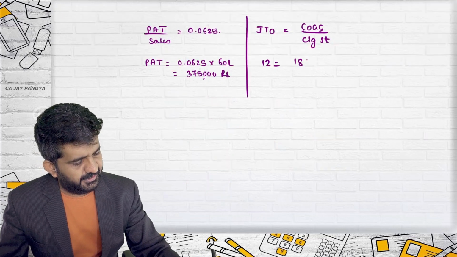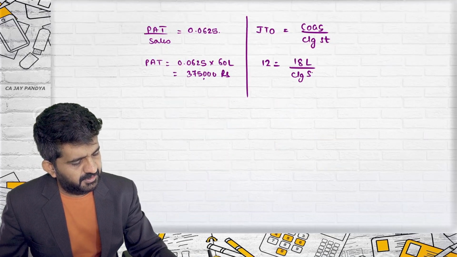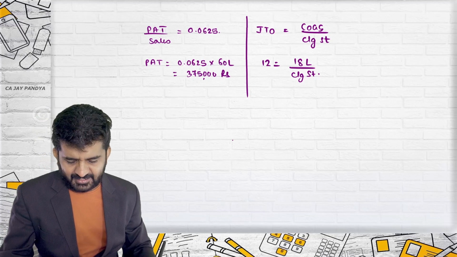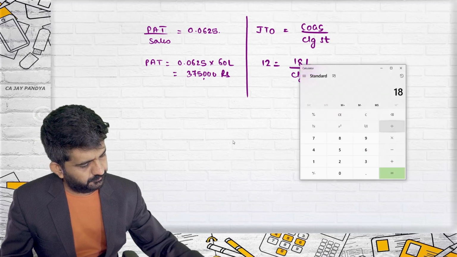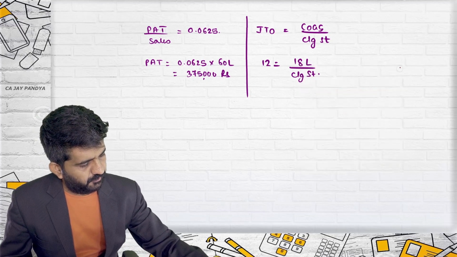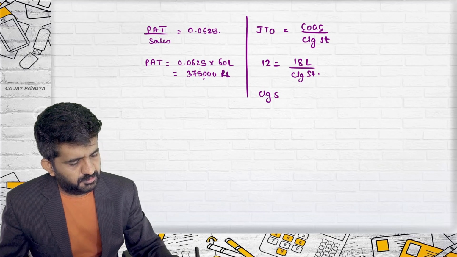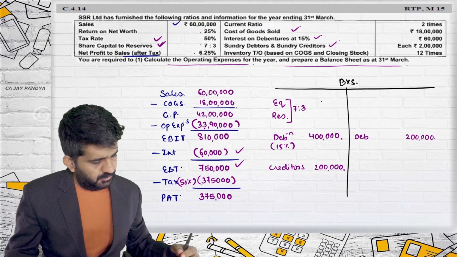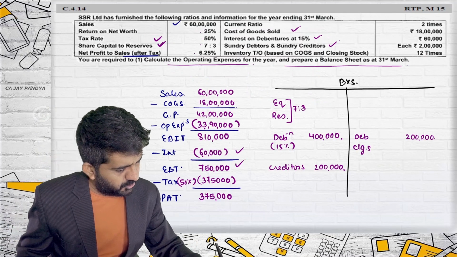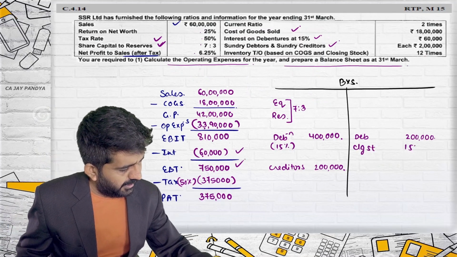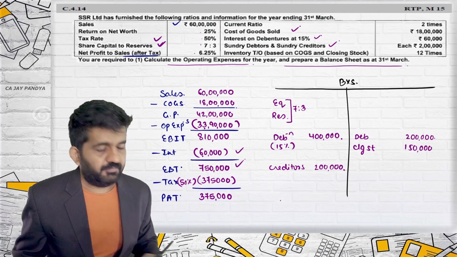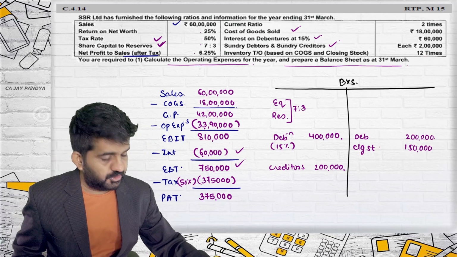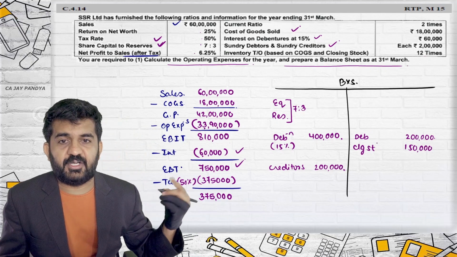COGS is 18 lakhs, so closing stock will be 18 lakhs divided by 12, which is 1,50,000. So I am getting the answer of closing stock. Debtors and closing stock are all part of current assets.